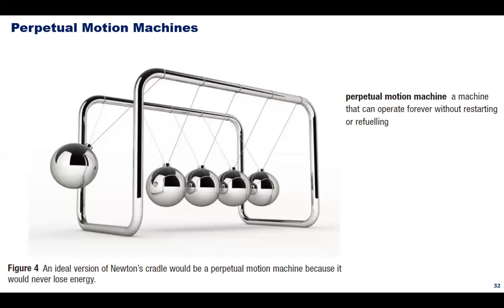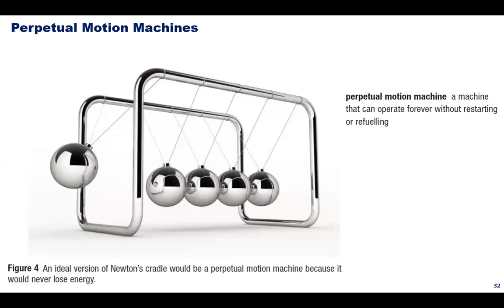You will have the opportunity to explore the physics behind Newton's cradle in chapter 5, which we'll discuss later. So an ideal version of Newton's cradle would never lose energy, and the cycle of falling, gliding, and rising would continue forever. It would then be a perpetual motion machine.